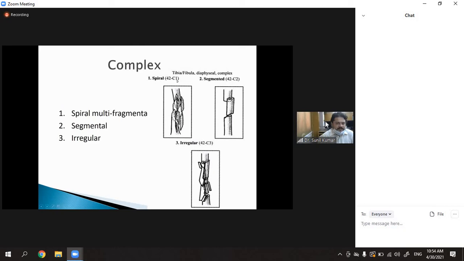In complex fracture, 1 is spiral multifragmentary. You can appreciate in the picture, multi-fragments are there. And C2 is the segmental, where this segment of the bone from the tibia is an isolated segment, that is C2. And then irregular, where the combination is more, many pieces are there, so it will be the 4, 2, C3.